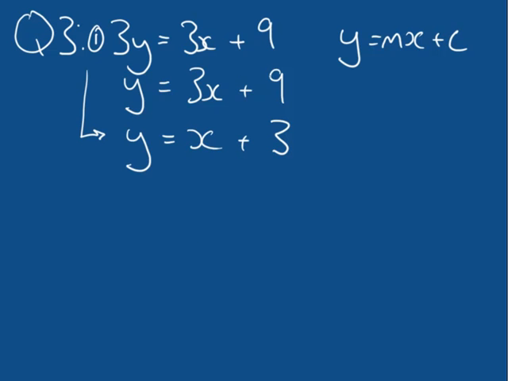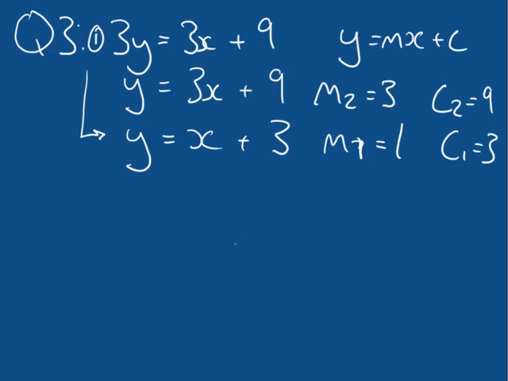Now I'm going to say that this is our second equation, which means that m2 is equal to 3 and c2 is equal to 9, and that this is our first equation. So m1 rather is equal to 1 and c1 is equal to 3.